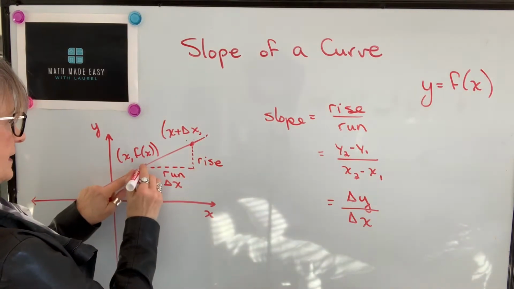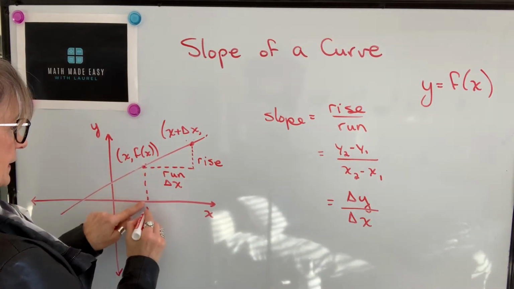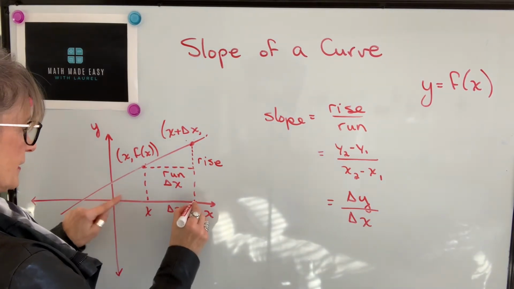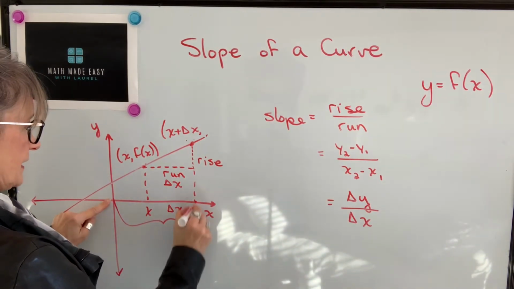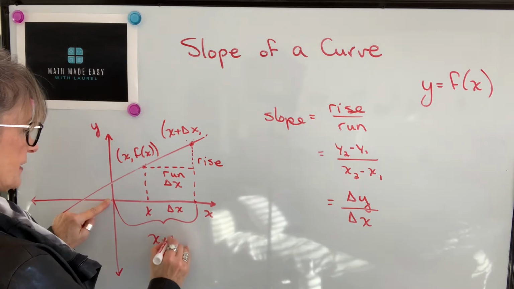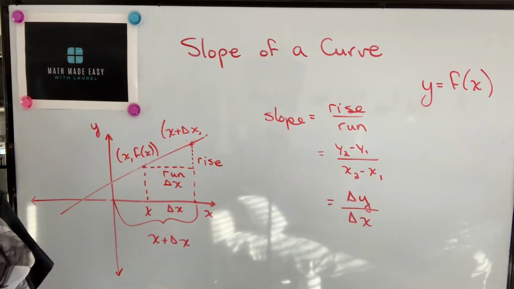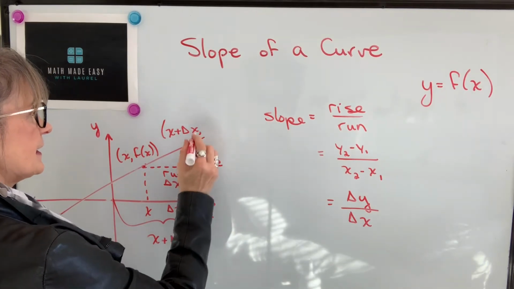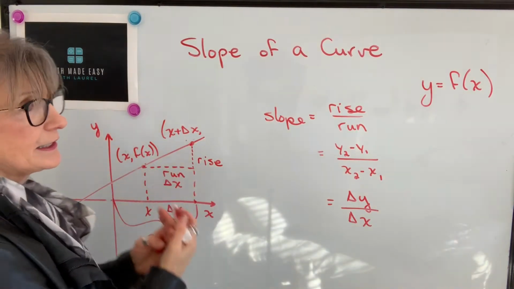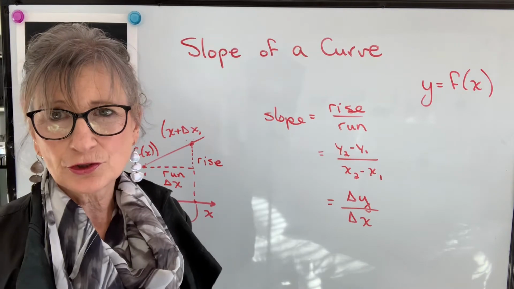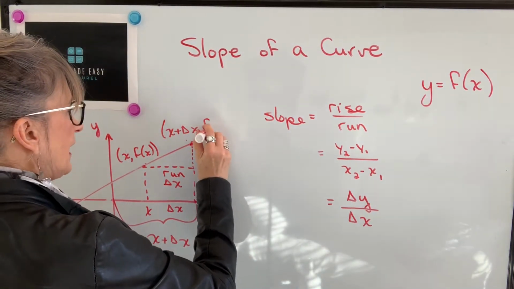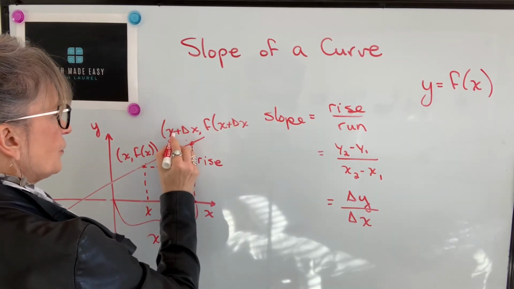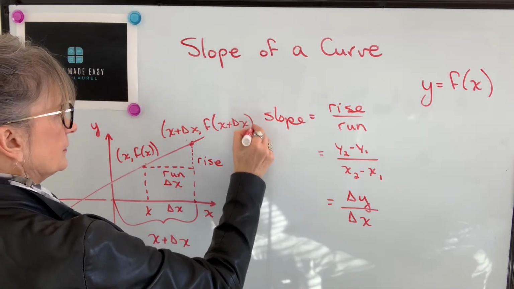Okay, so I take this x value here, add this change in x, delta x. So this whole distance here will be x plus delta x. And then my y value, instead of writing it in terms of y, I want to write it in terms of x. So it will be f of x plus delta x. So it'll be the function of this x value.